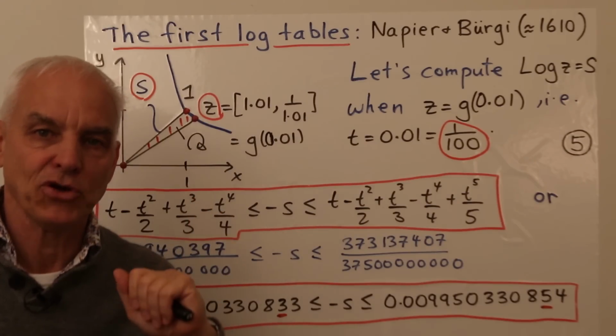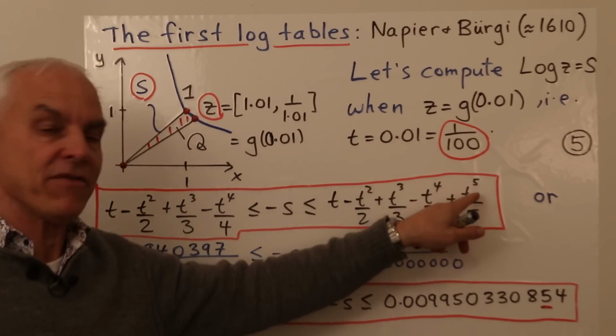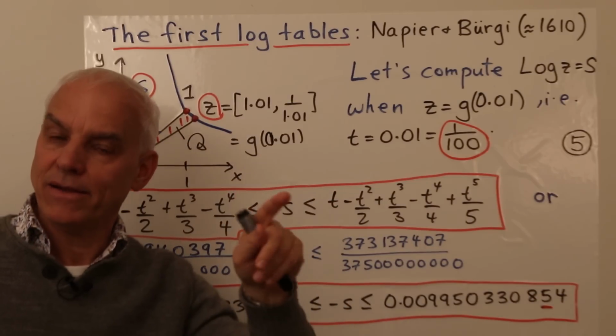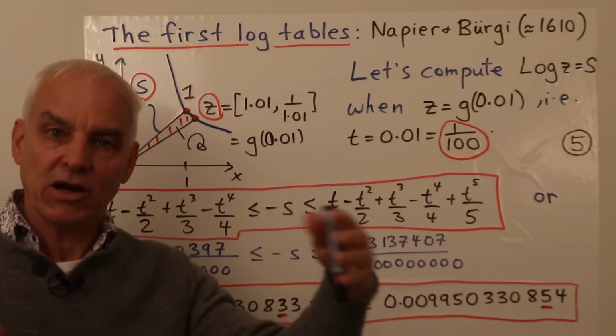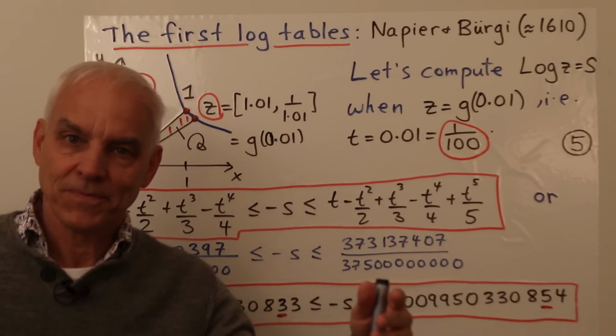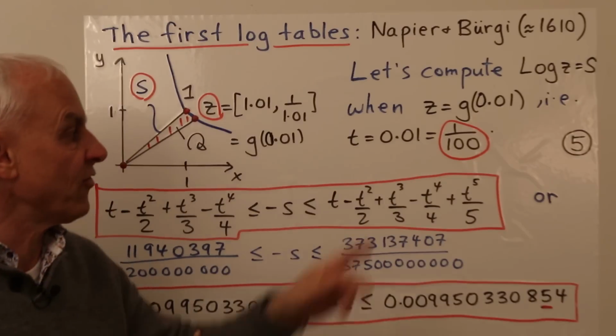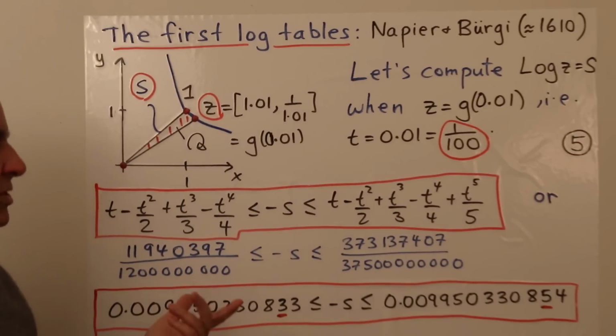That's 10 to the minus 2. So there's a t to the 5 here. That's going to be 10 to the minus 10, and then we divide by 5. That is a very small quantity. Okay, it's a very small quantity because the t value that we're using is so small. In fact, the left-hand side here turns out to be exactly this fraction here.